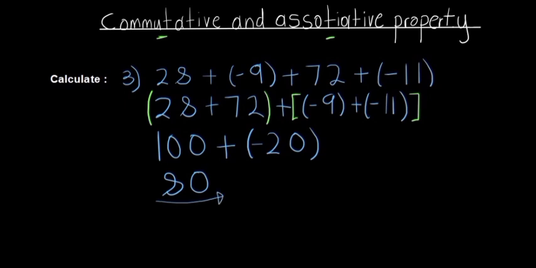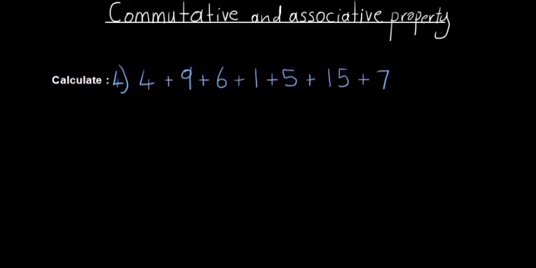So now our addition strategy is solid from the commutative property and the associative property. In this question, we're gonna use the commutative property to flip the 9 and the 6.